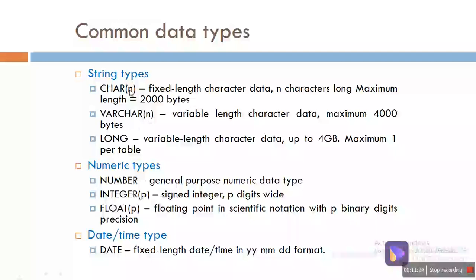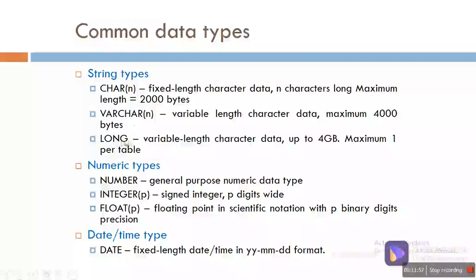But with character, once we say 5 here, the value of the character should be 5. We cannot say 4, we cannot say 6. Whereas with a variable character, if you put a value for n that may be 10, you can have 10, yes, or less. So we can create a value with maybe 5 characters or 6 characters, but not 11 or more. These are the maximum values that are represented by these data types.